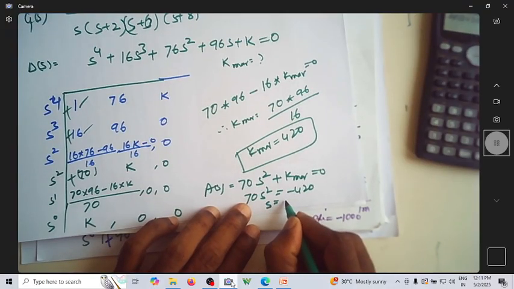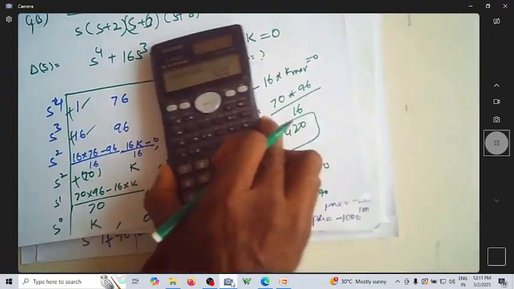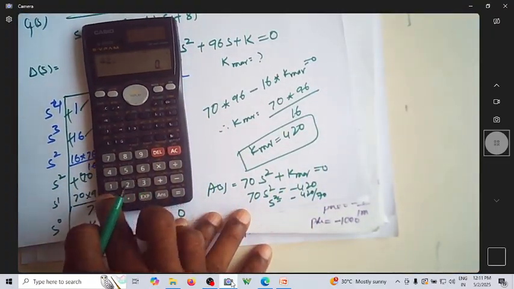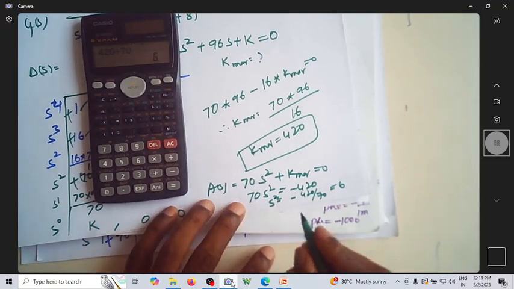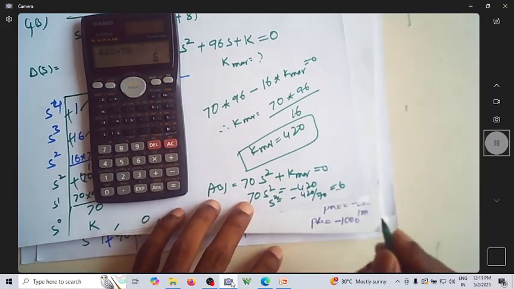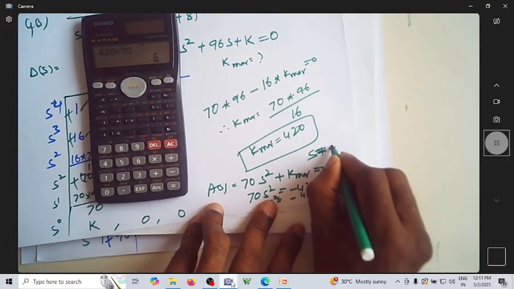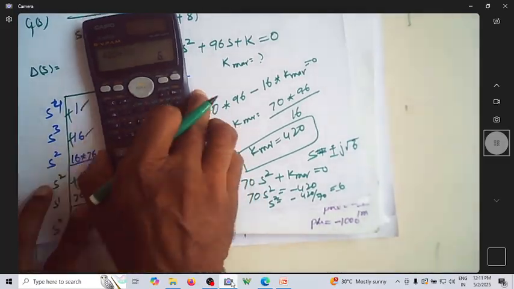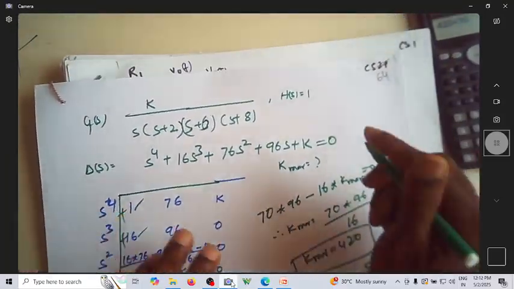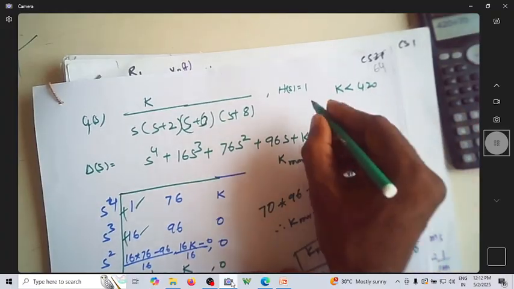Then s square is equal to minus 420 by 70, which is minus 6. So s is equal to plus or minus j root 6, which will be the frequency of oscillation. So in this particular case, if k is less than 420, there is no sign change, stable.